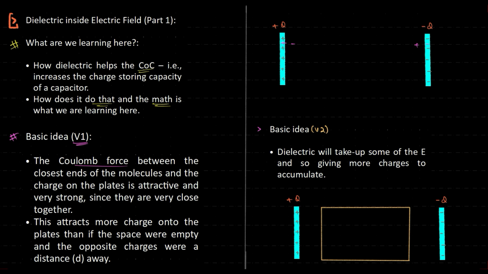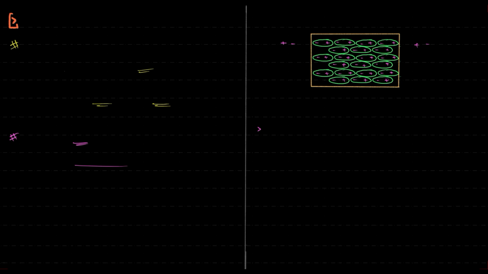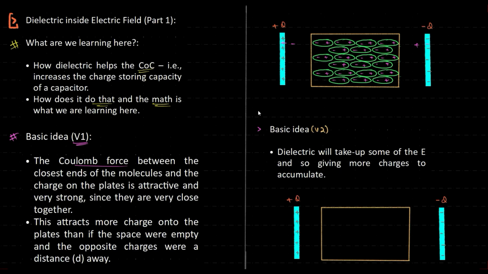What if we are able to do this with a lot of them? What I mean is something like this. What if this happens, right? A lot more closer, but it is going to help us understand. See, this material is a dielectric material, and these are the polarized molecules.